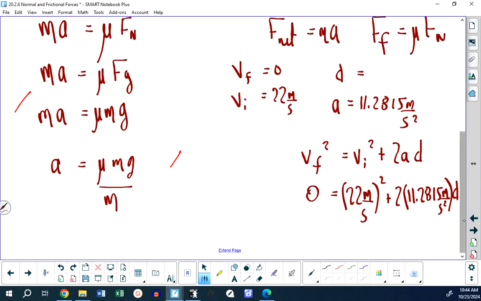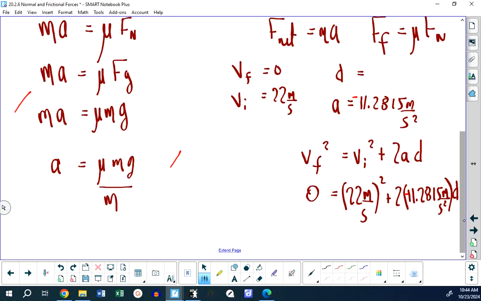I'm going to make one adjustment here. You'll never get this negative for the acceleration coming out of a formula. The negative is because the object is moving to the right, but it is forced backwards due to the force of friction. So the acceleration is negative.